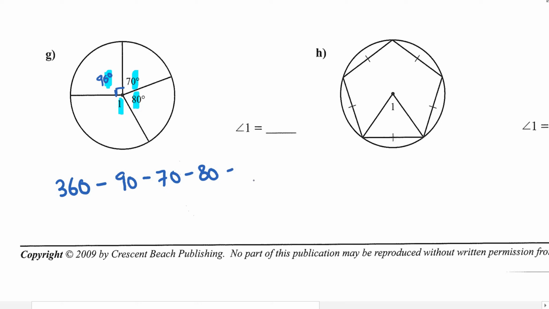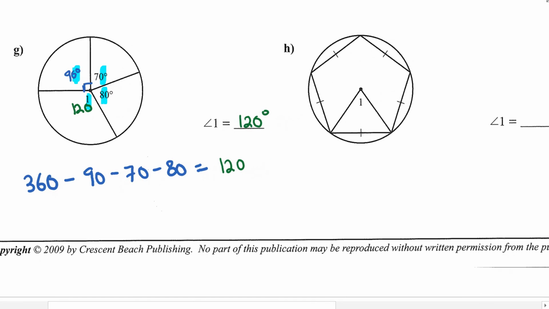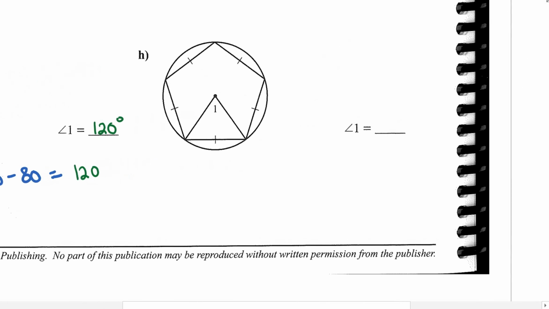And that should give you the leftover value for angle number 1. So if I go to my calculator here, that gives you a value of 120 degrees. So this value has to be 120 degrees, and then that would add up to 360 degrees to complete the full circle there.